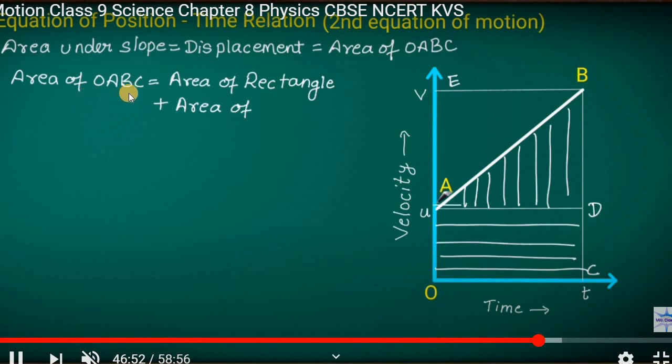Means the area of OABC is equal to the area of rectangle AOCD plus the area of triangle ADB. If we add both of these, then we get the area of OABC. Here you can see that the area of OABC is equal to the displacement.